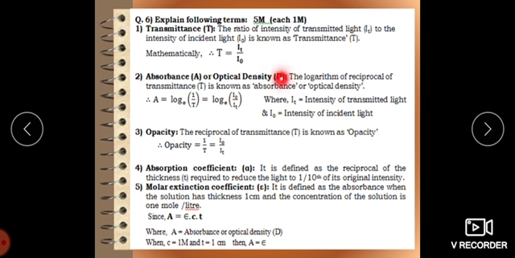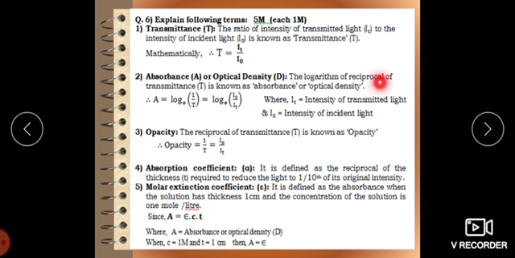Second term, absorbance or optical density. This term is very important in the case of the spectrophotometer. Absorbance is denoted by A, or optical density denoted by D. It is the logarithm of the reciprocal of transmittance.